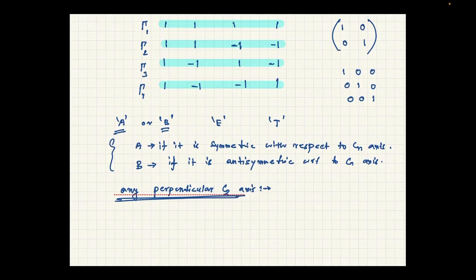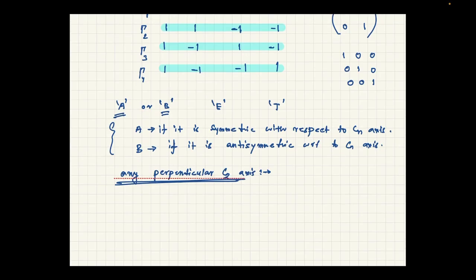So if the molecule is symmetric with respect to a perpendicular C2 axis, then the Mulliken symbol will be A1. Or if it is antisymmetric with respect to the perpendicular C2, then the symbol will be A2.